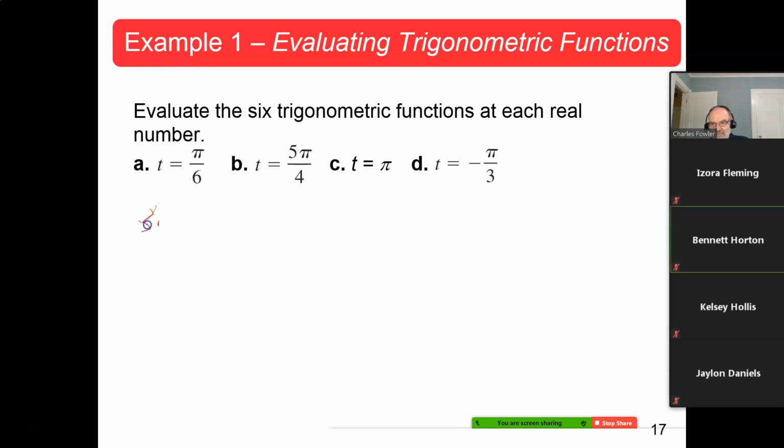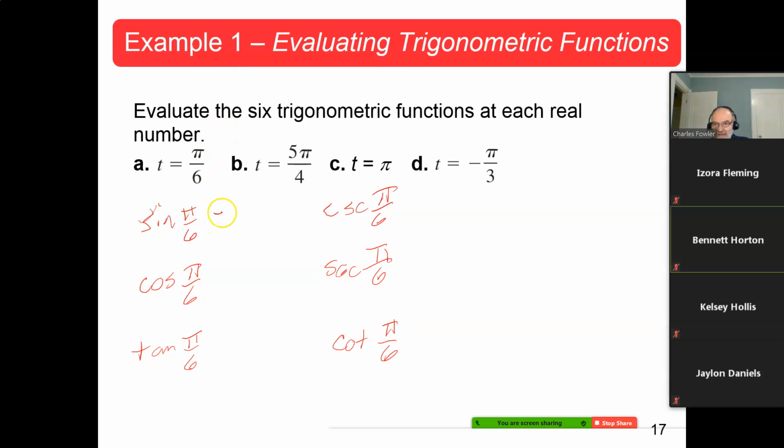What we want to do is the sine of pi over 6, the cosine of pi over 6, the tangent, the cotangent, the secant, and we want to find the cosecant of pi over 6. Now, to do that, what we do is figure out the xy point of pi over 6. We just did it, and hopefully you can remember it.